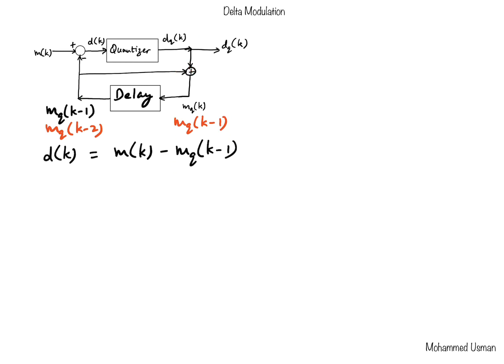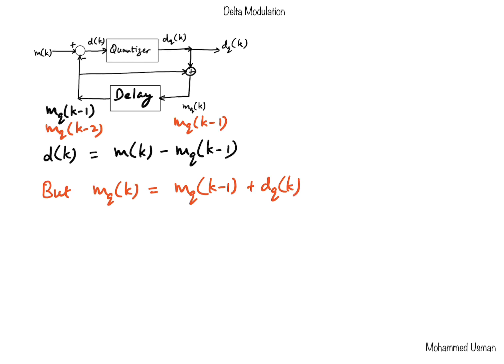So we can write that relationship. From this diagram, at the current sampling instant k, mq[k] is mq[k-1] plus dq[k].